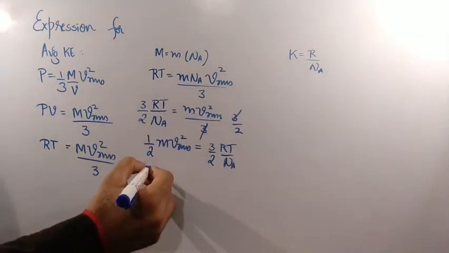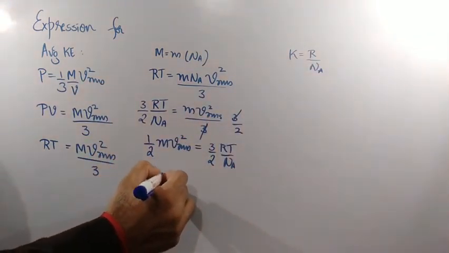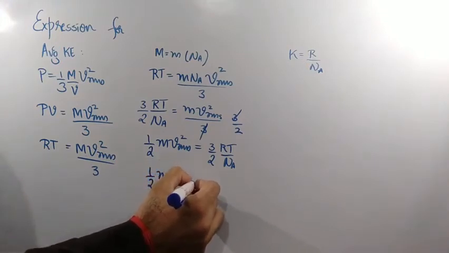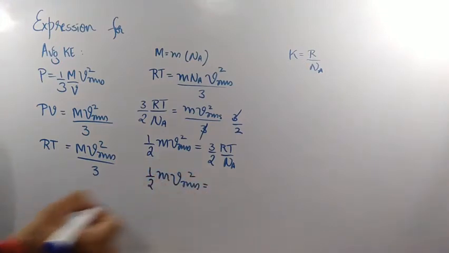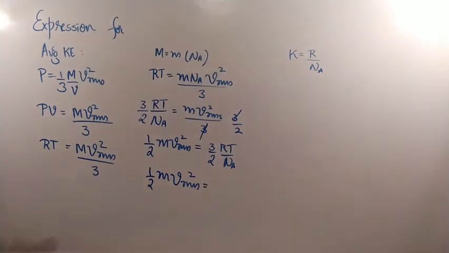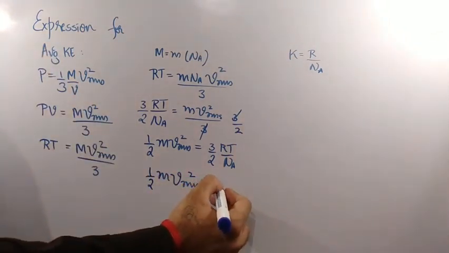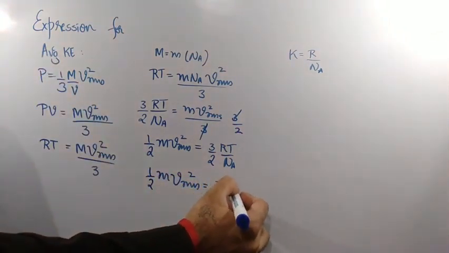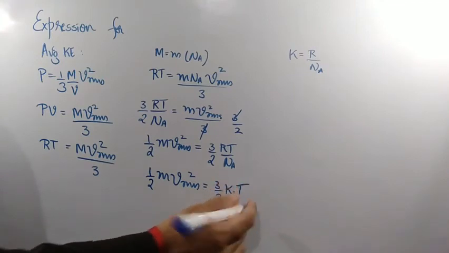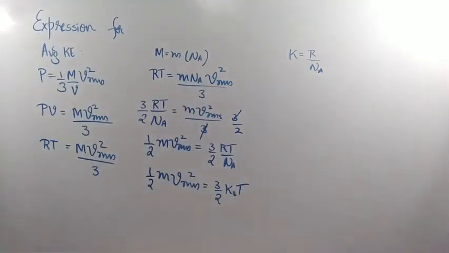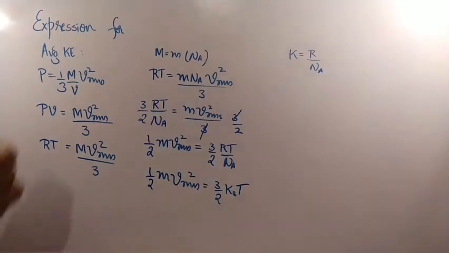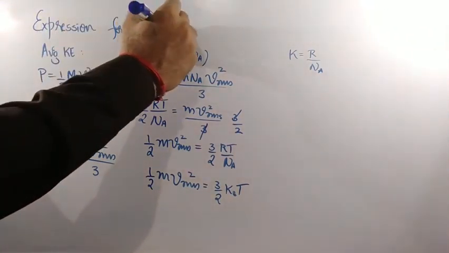That means half m Vrms square is equal to 3 by 2 kT, or 3 by 2 k_B T, where k_B is nothing but the Boltzmann constant.